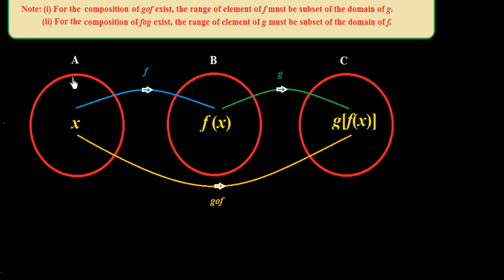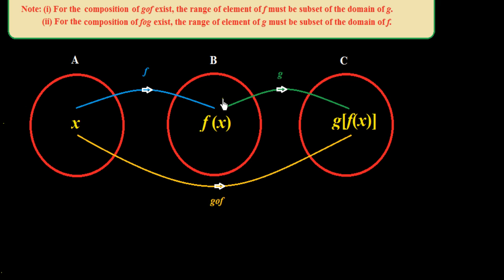This is our x, this is the domain of function f, and this is the range of function f, which is B. B is the range of function f, but it is the domain of function g.